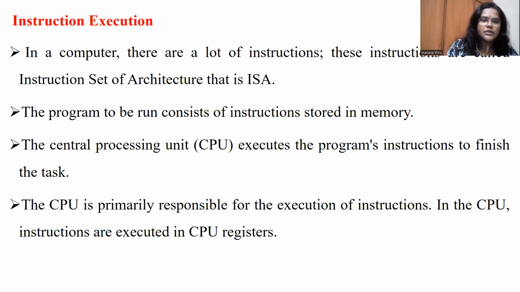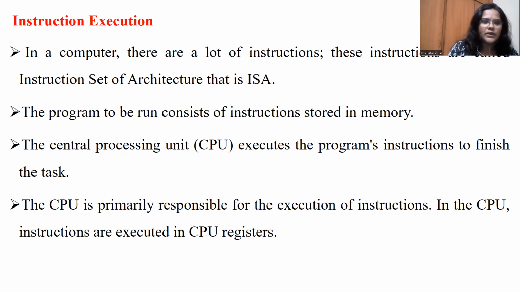So instruction execution. This topic, instruction execution, explains how the instructions will be executed in the computer. So how the CPU will take each and every instruction. Here CPU is nothing but processor. So CPU plays an important role in executing each and every instruction. The collection of instructions is called the instruction set architecture, that is ISA.